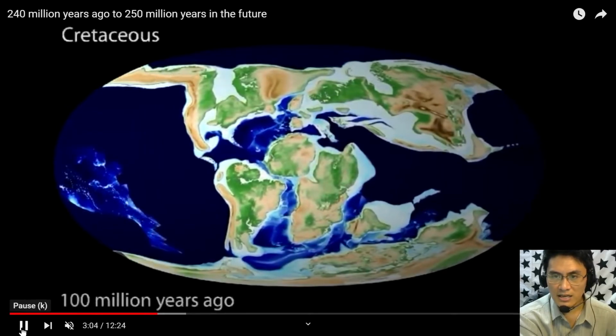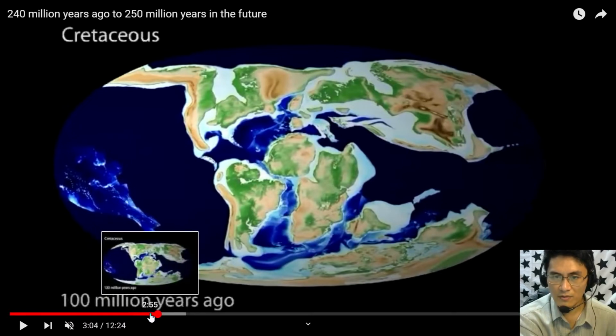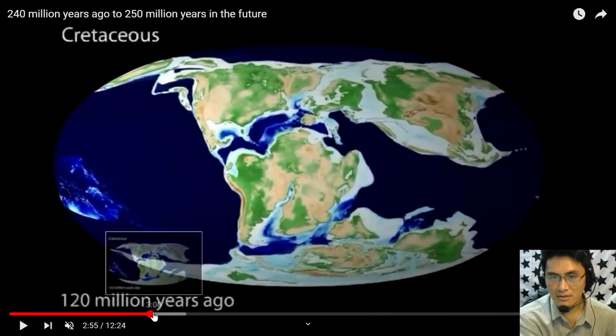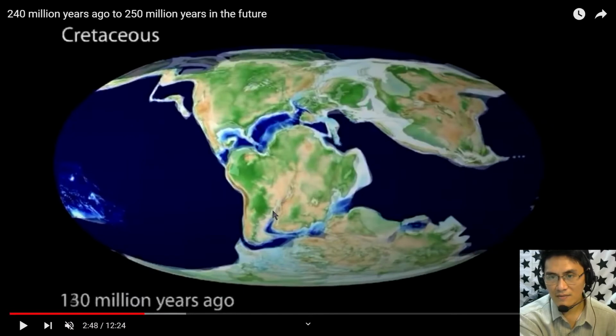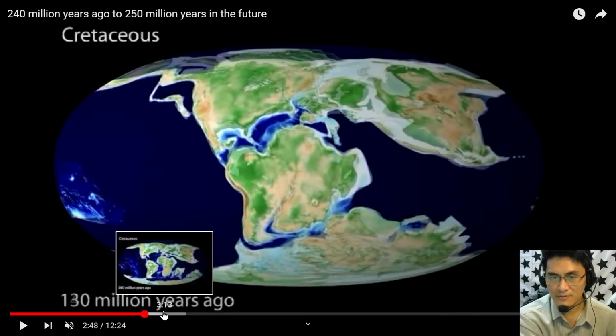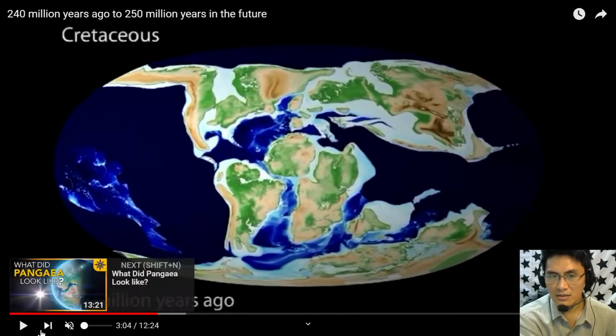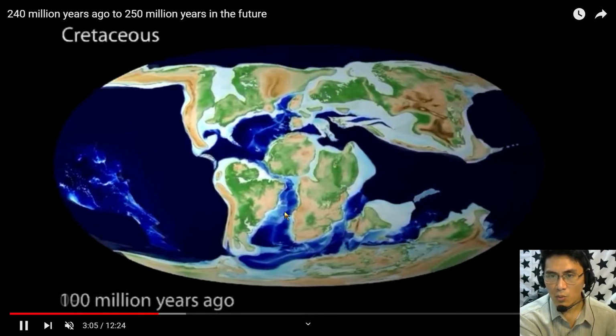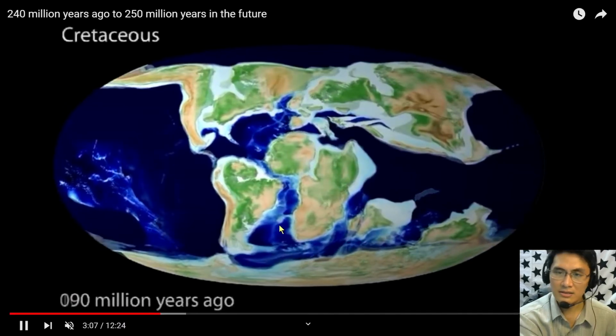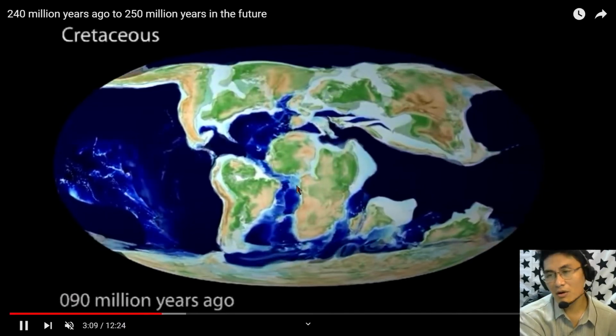Now they develop an inland sea. So there's a sea in between them already. Before there was none, it was like that, and then you start to develop inland seas. Eventually that sea would widen and widen until such time that you can call it an ocean.